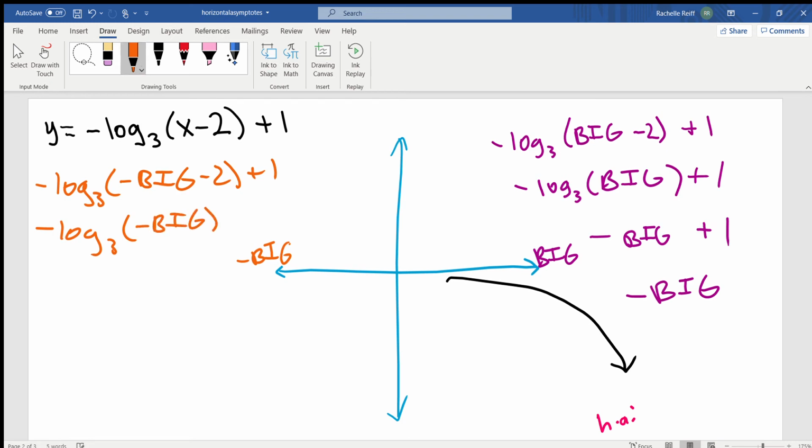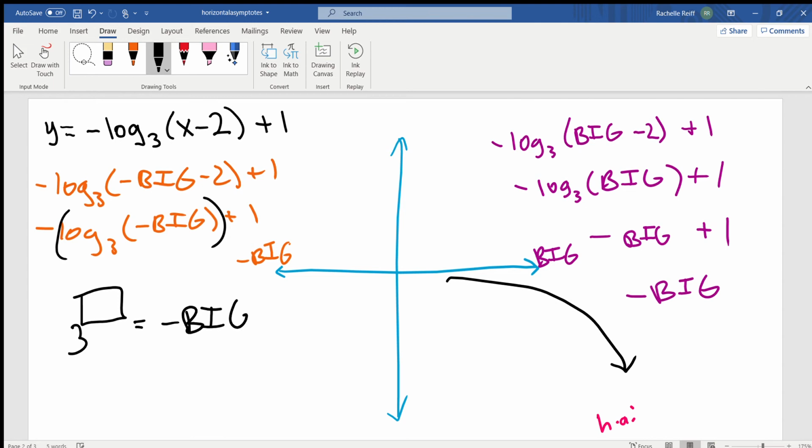Like, I'm broke. Okay. So now, just like before, we want to know what log base 3 of a negative big number is. What that means is: 3 to what power is a negative number? Well, if I take 3 and raise it to any power, like 3 to the 7th, that's positive, right?